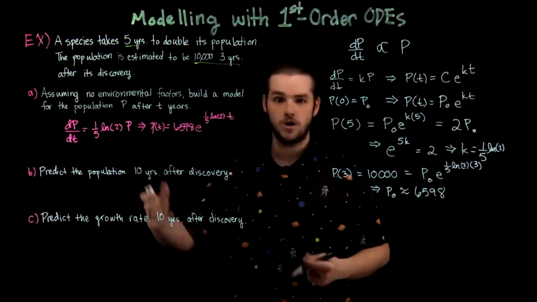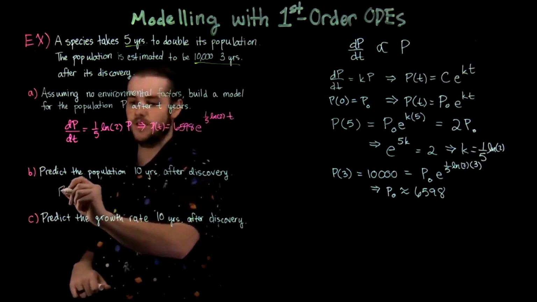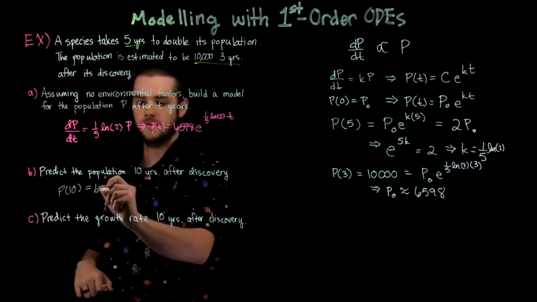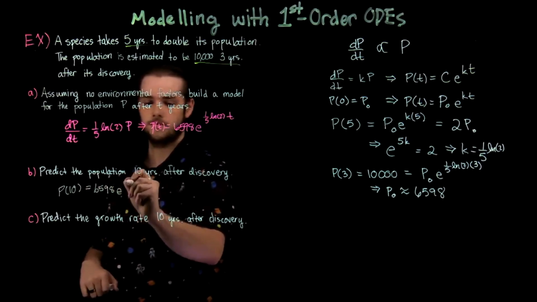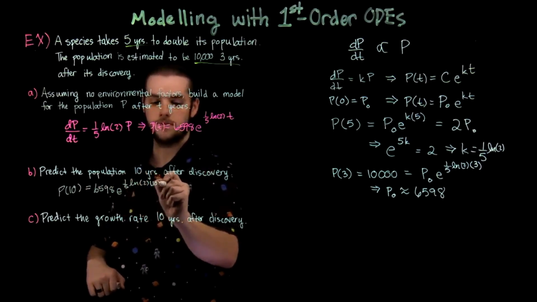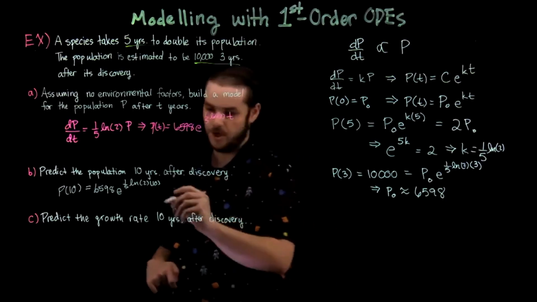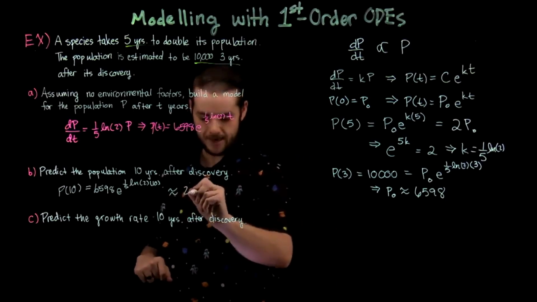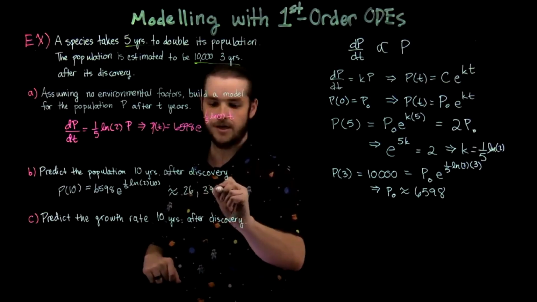So we can finish off the algebra problem. That's just plugging in 10 to P. And that tells me the population's about 26,392.